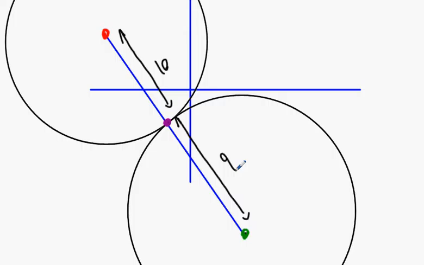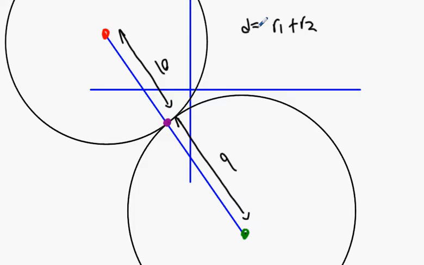Okay. So what happens is, would everybody agree that the distance between the green point and the red point should be equal to 19? And if they touch externally, the distance between the two centres should equal R1 plus R2. So D equals R1 plus R2 when they touch externally. Does that make sense?